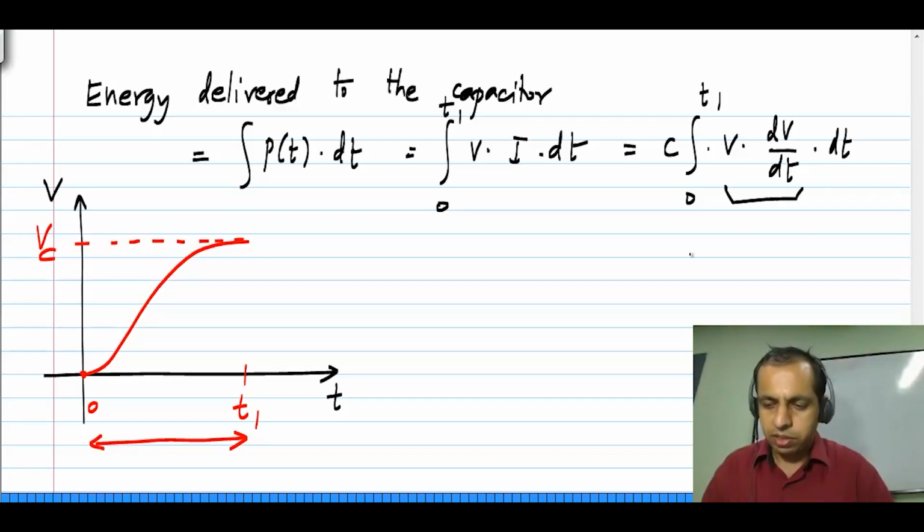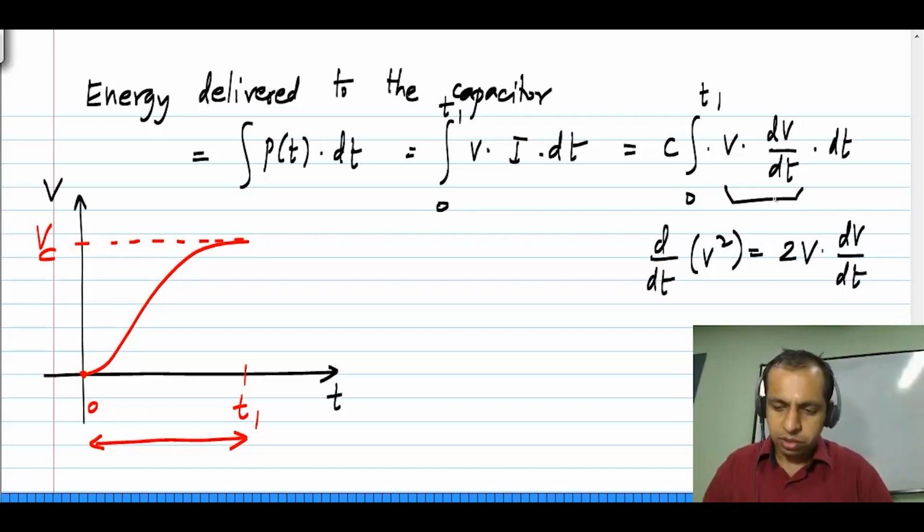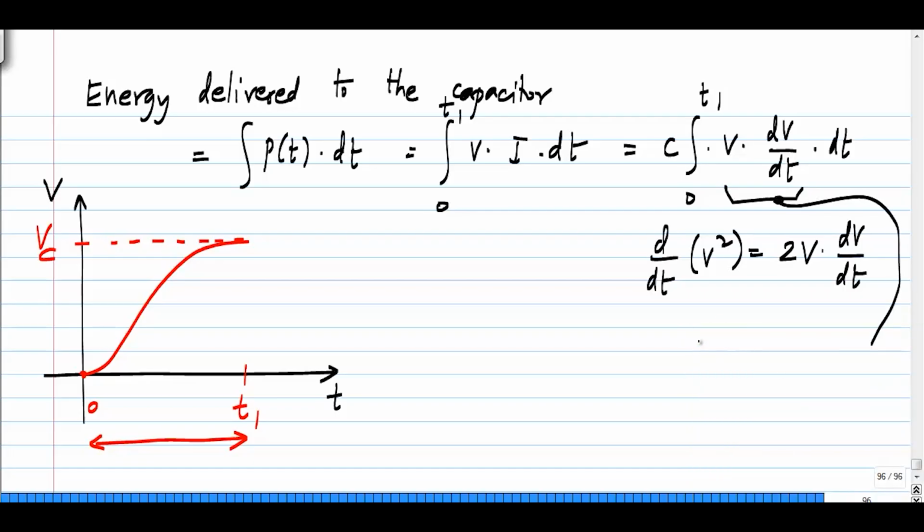You realize that this V times the time derivative of V is something related to the time derivative of V square. The time derivative of V square is 2V times the time derivative of V. So this part is half of the time derivative of V square.